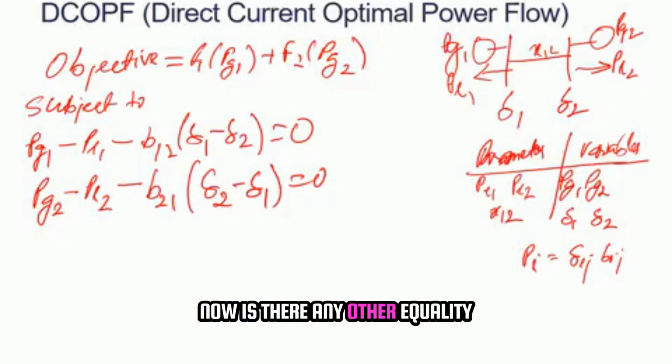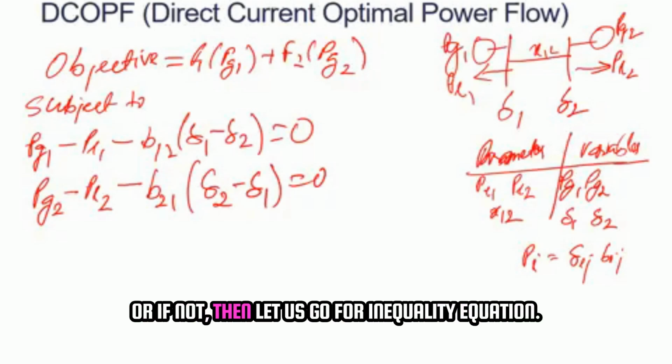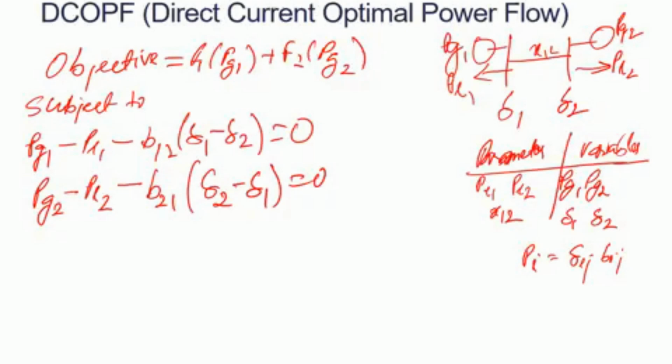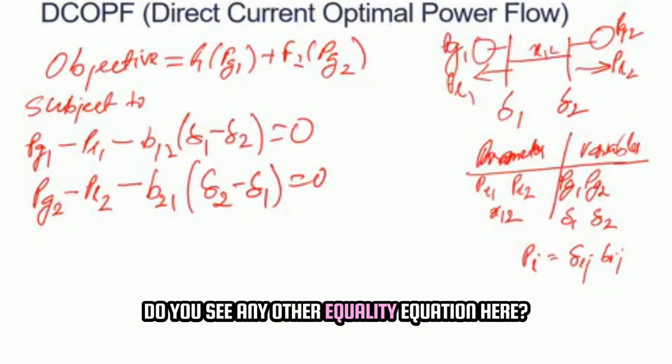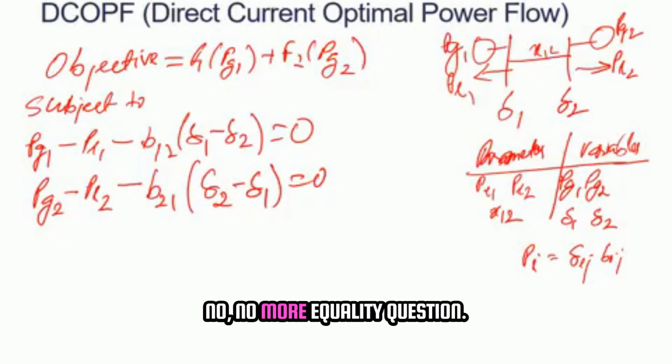Now, is there any other equality equation? If not, then let us go for the inequality equations. Do you see any other equality equation here? No more equality equations. Okay, good. Tell me what will be the inequality equations now.